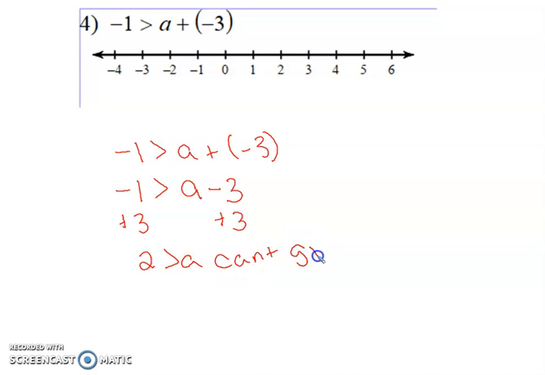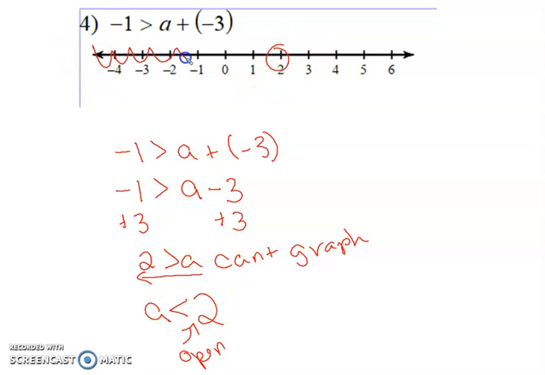I have to rearrange. When I rearrange, I change the order of everything. A, instead of greater than, it becomes less than. I just flipped it. And then 2. It is an open circle because there's no line. And I can follow my arrow now that I rearranged. So once again, this is worth 1 point. This is worth 1 point.